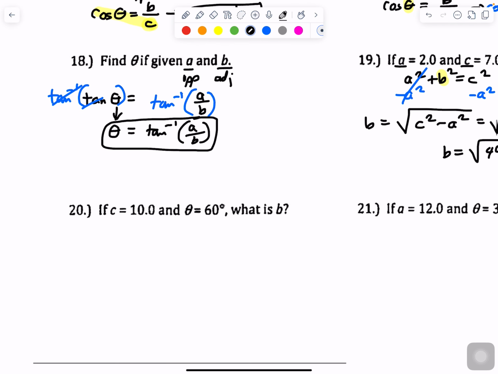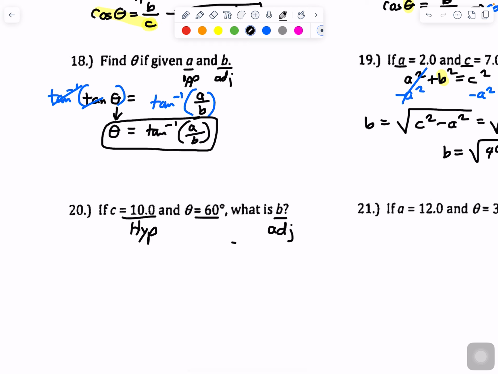Now what if the hypotenuse was 10, angle theta is 60, and we're looking for B, which is the adjacent side? Well, again, I'm looking for a trig function that has adjacent and hypotenuse. That would be cosine. So I take the cosine of my given angle, 60, equals adjacent, what I'm looking for, B, over hypotenuse, 10.